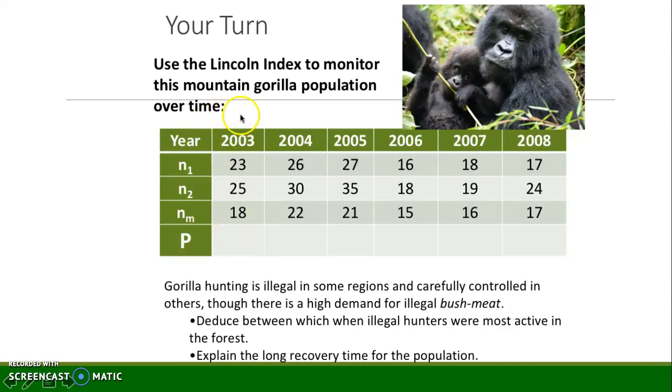So this is Lincoln Index information that was taken on a population of gorillas, and it's asking you to deduce or try to determine when illegal hunters were most active in the forest. So looking at the change in population over time, when do you think illegal hunting was at its peak? Because there has been a lot of illegal hunting of the gorillas for meat, okay? And then it asks to explain the long recovery time for the population.